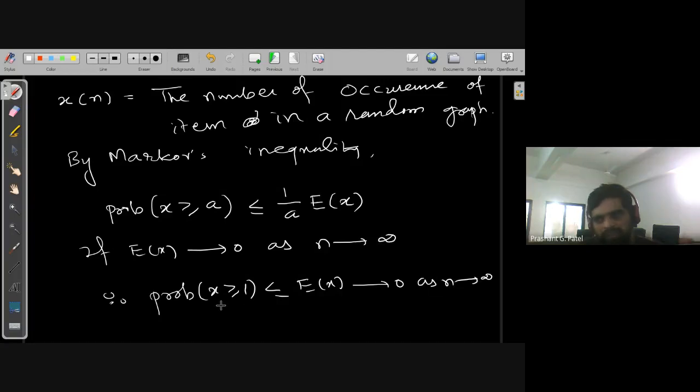What does it mean? That the probability of x greater than or equal to 1 is 0. The expectation of occurrence of that item goes to 0, which we conclude from this. Because this tends to 0, this probability tends to 0.